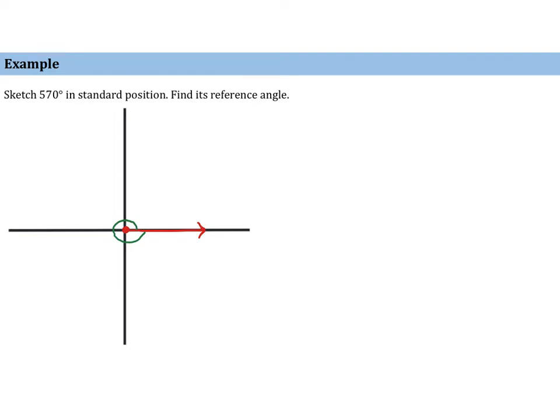Now if I go another 180 degrees, that's 540 degrees. So I just need to go 30 more degrees. And so this measure is 30 more degrees than 540 degrees. And so our reference angle is 30 degrees.